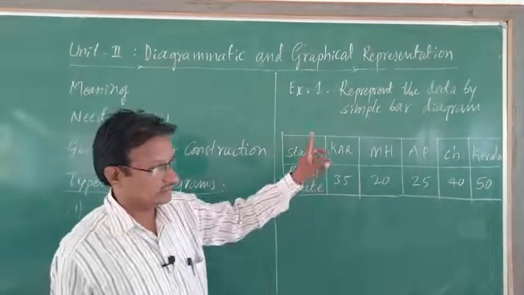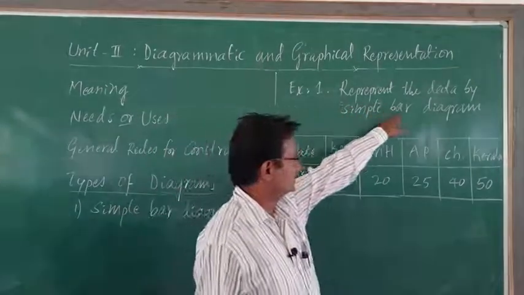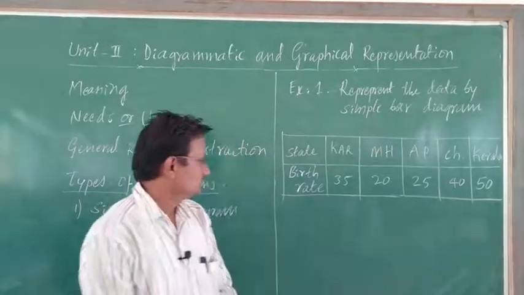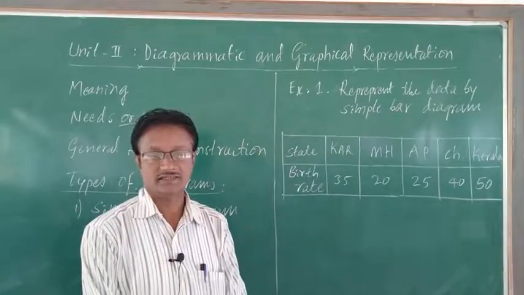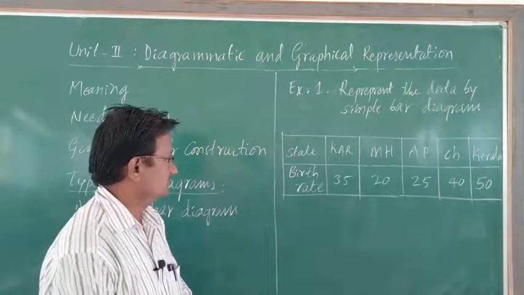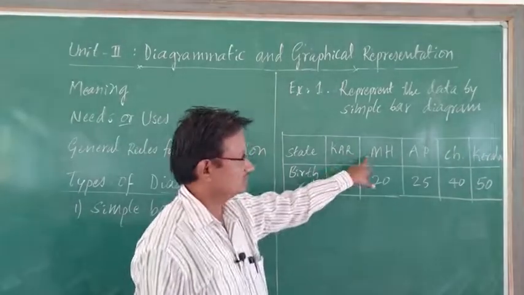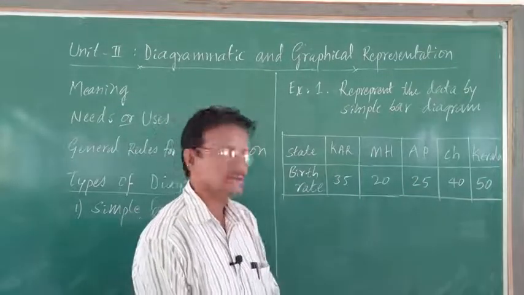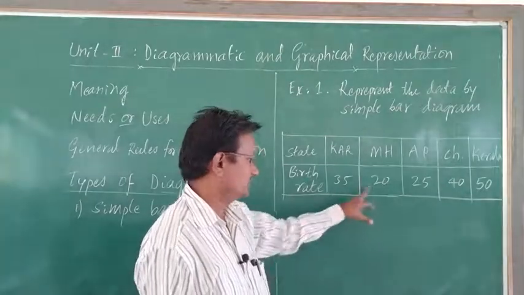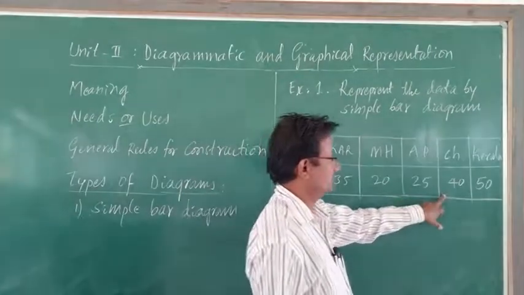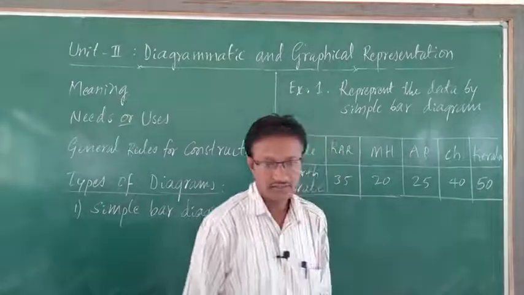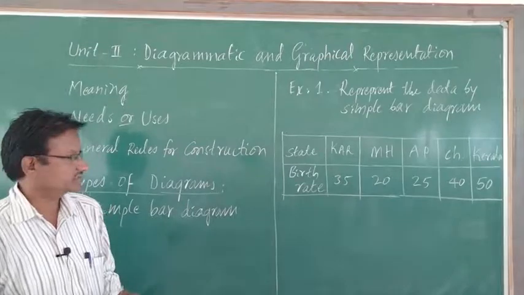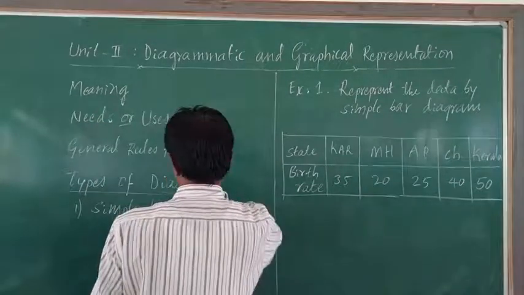Represent the data by simple bar diagram. Here states and birth rate is given. The states are Karnataka, Maharashtra, Andhra Pradesh, Chennai and Kerala, and birth rate is 35, 20, 25, 40 and 50. This statistical data is presented in simple bar diagram.